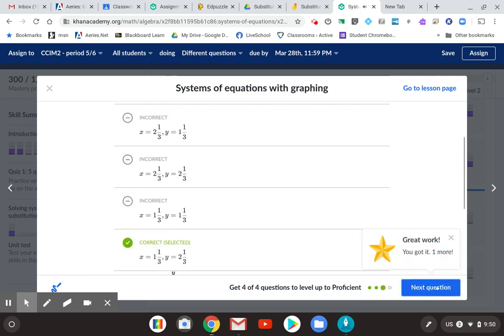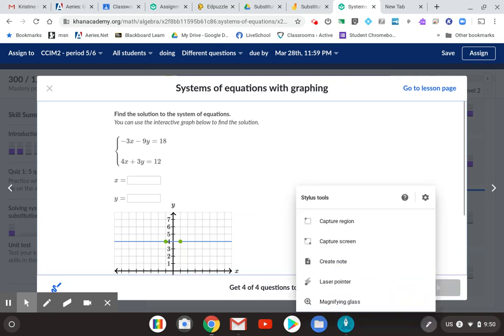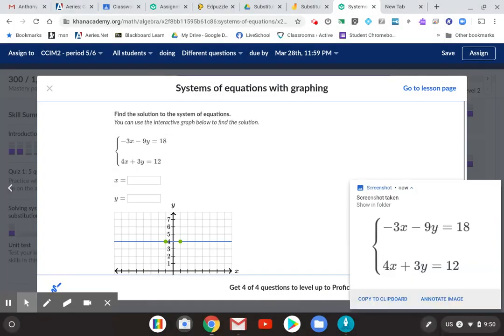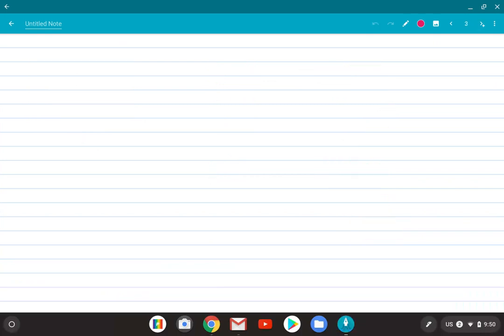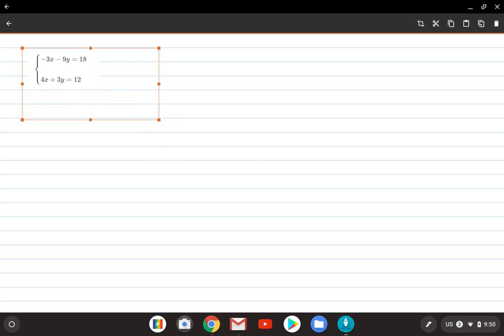All right, one more. That's it. Okay, again, I'm going to capture it and move it to the next page. Control V. And again, we're going to do it by intercepts.